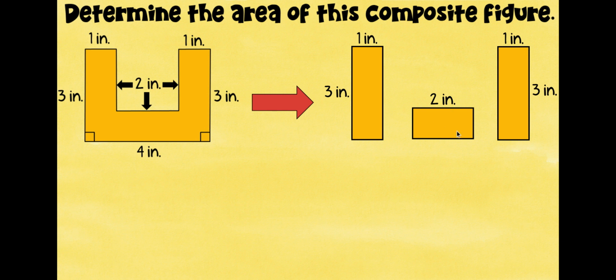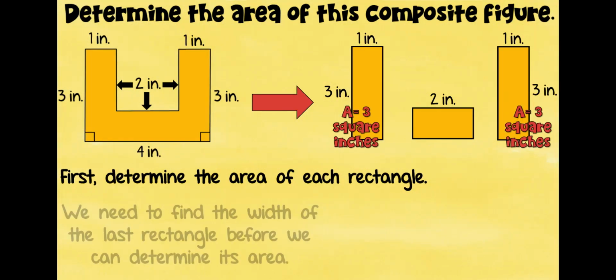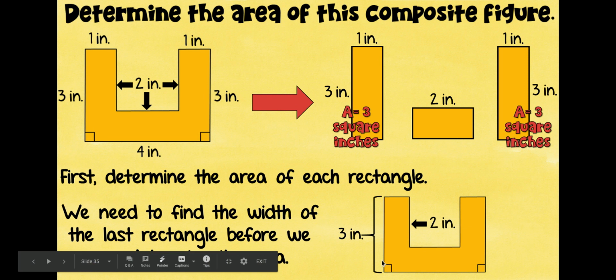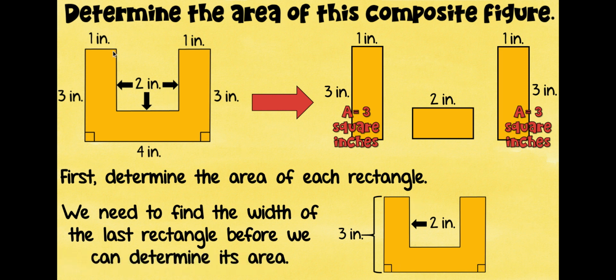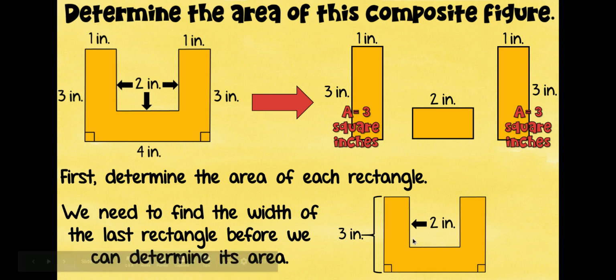But for the middle piece, we have to find out how tall this is. So we know that the tallest tower is 3 inches tall. Now, they told us up here that the medium part is 2 inches.